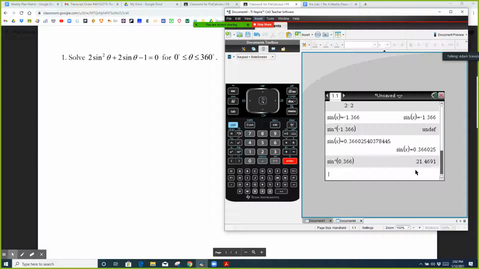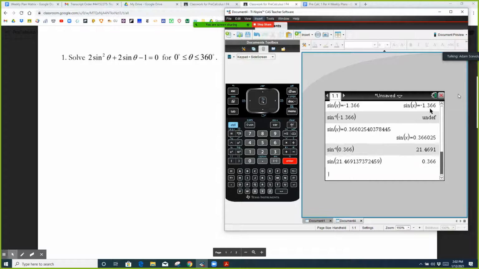If I do sine inverse, it'll give me the angle in degrees that satisfies this equation. So the sine of 21.4969 and so on, the sine of about 21 degrees is going to equal about 0.366. Okay, so that's going to be one of my solutions.